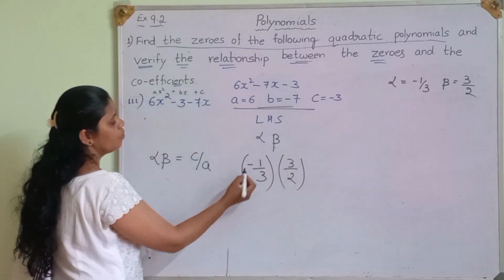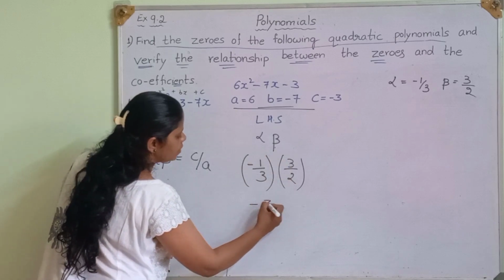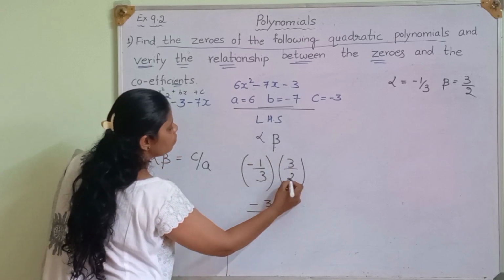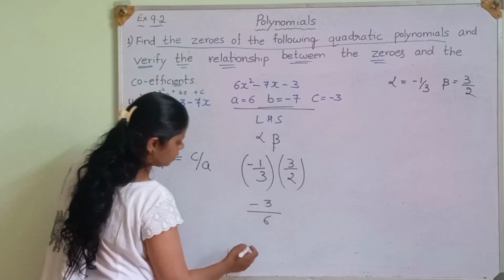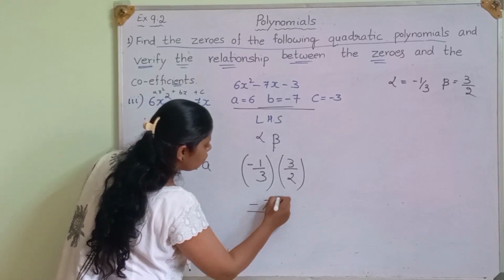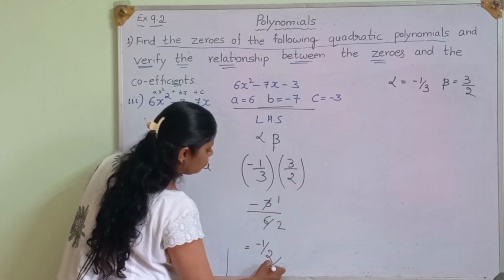Minus 1 into 3 is what? Minus 3. 3 into 2 is what? 6. Minus 3 by 6. We can write 3 ones are 3, 3 twos are 6. That is minus 1 by 2.